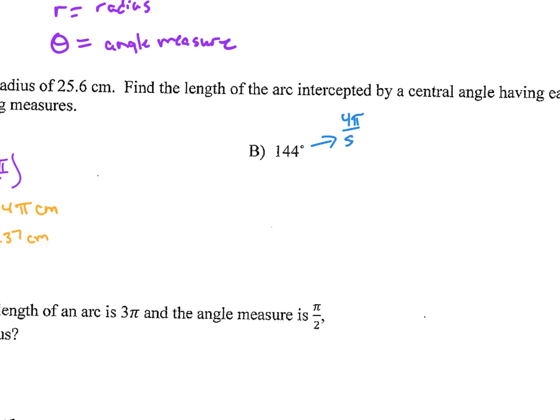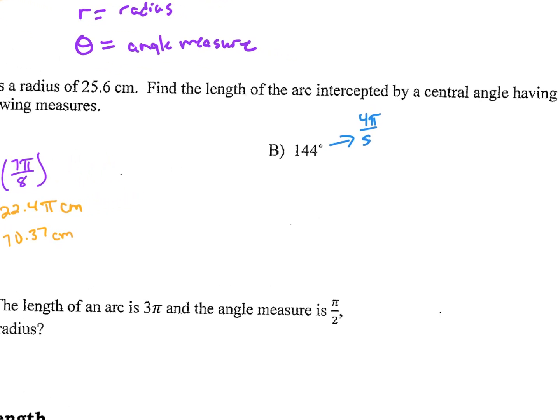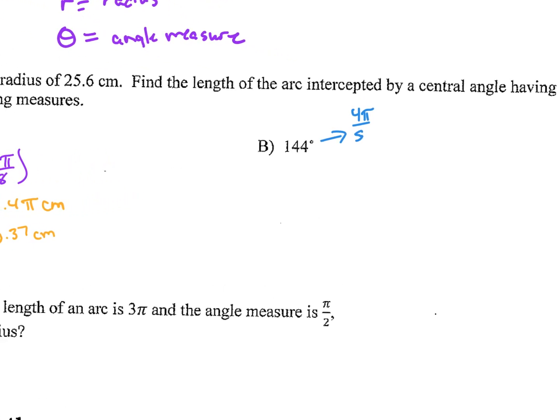Okay. So 4 pi over 5 is equivalent to 144 degrees. And now we can plug into the formula. So S is equal to R, which they said was 25.6, times this 4 pi over 5. And once again, I'm looking for exact, and then the approximate.